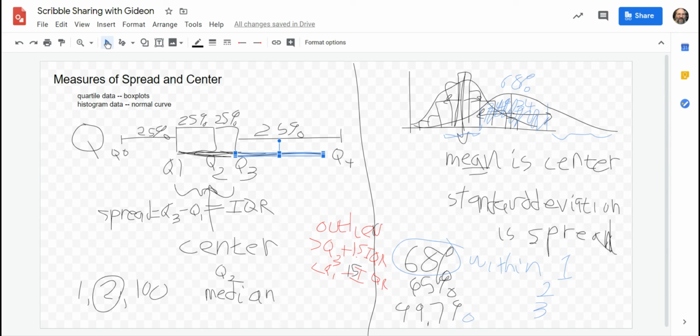It does look like the maximum there is farther than 1.5 spreads from the center, not from the center, spreads from Q3. You don't measure from the center. Notice how the left side of my measurement starts at Q3 over here, right? I started right here at Q3. So it does look like Q4 is indeed an outlier. The maximum is an outlier. And it's also pretty clear when you go to the other side and go lower than Q1, no, that's not an outlier. There are no outliers below, only outliers above.